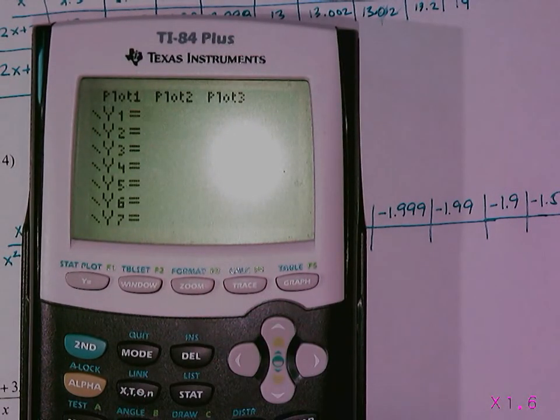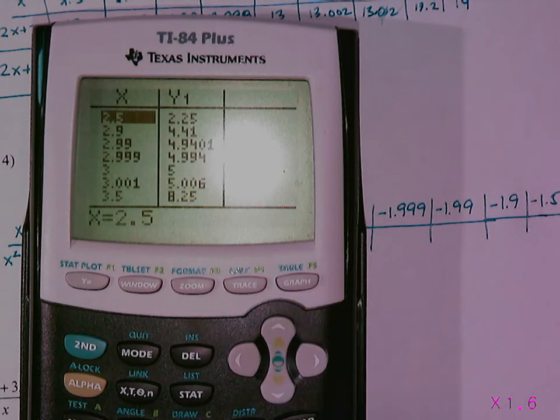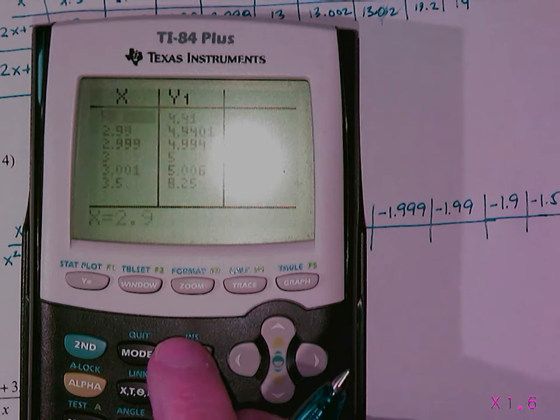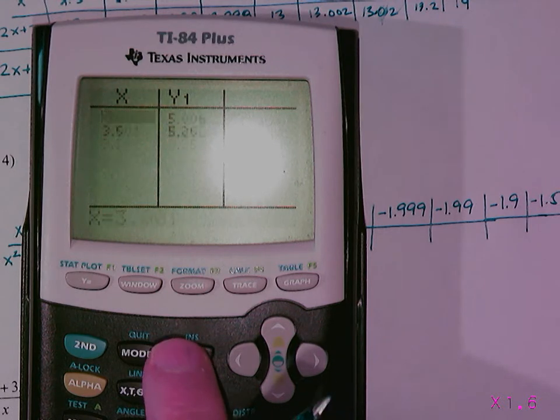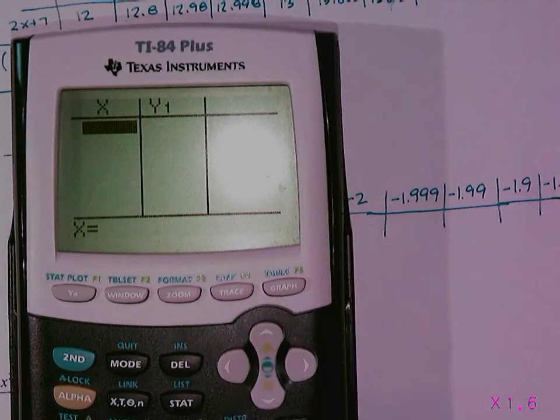So now the function is x squared minus 4. And I'm going to go to my table, and I don't want these same numbers I had before. I'm just hitting delete each time, and I'm getting rid of all those numbers. And I'm going to start with negative 2.5, negative 2.1, negative 2.01, negative 2.001.